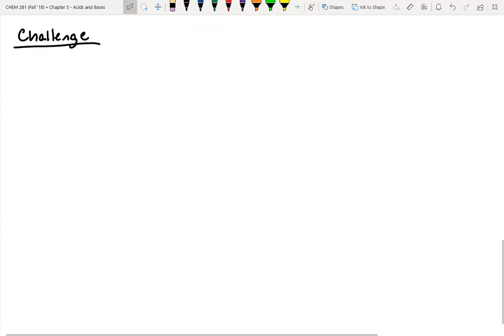All right, so for this one, we're going to look at a fused ring system. So it's 2 hexagons that are linked together. I think this might have been off of an old exam. All right, bear with me.